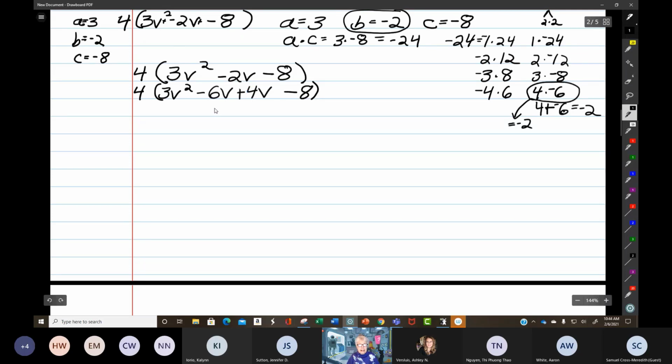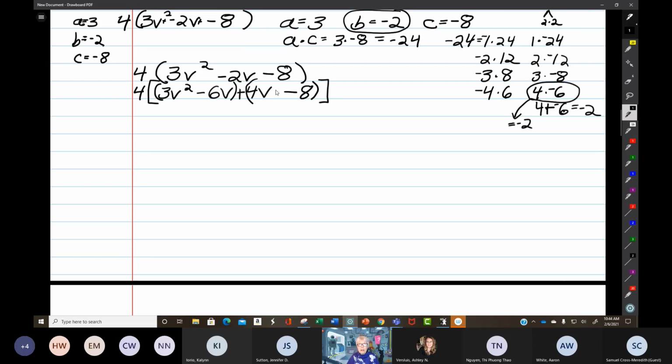That's the AC method. Now I'm going to use grouping. Parentheses, parentheses. And because I have 4 out here, I'm going to put a bracket, and I'm going to put a bracket, because I'm going to be doing lots of stuff to these.